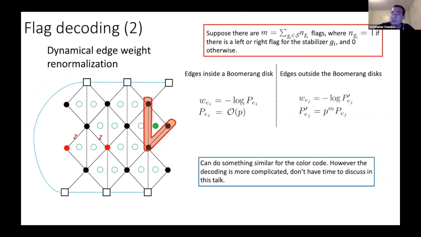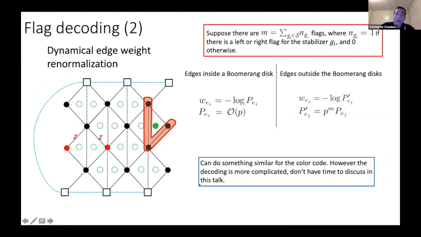So given that I don't have too much time left, I'm basically going to give a very high level explanation for how this works. And if you want to see more details, you can of course read the paper. But the basic idea is the following. Suppose that I have M flags, and by a flag here, I mean either a left or right flag for each stabilizer.